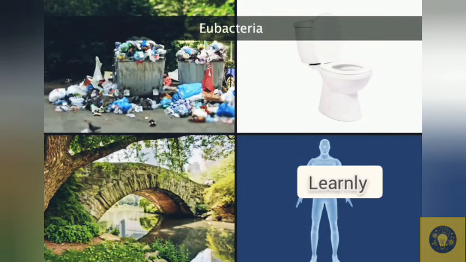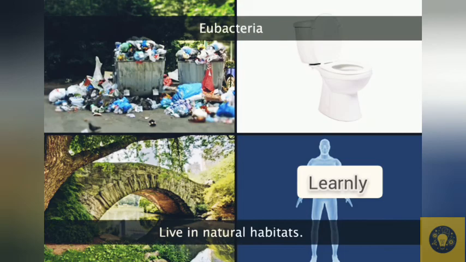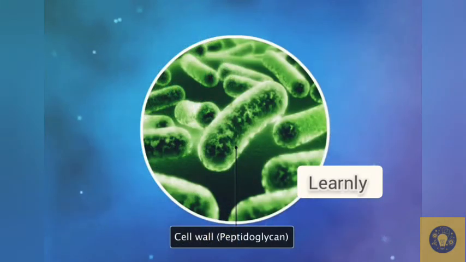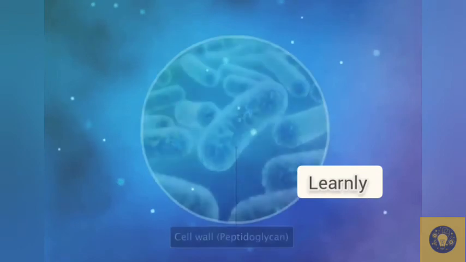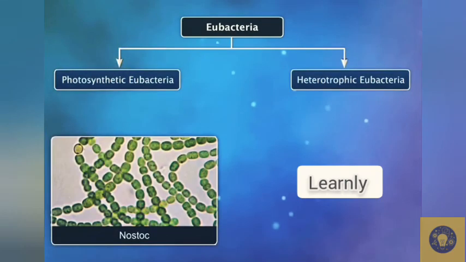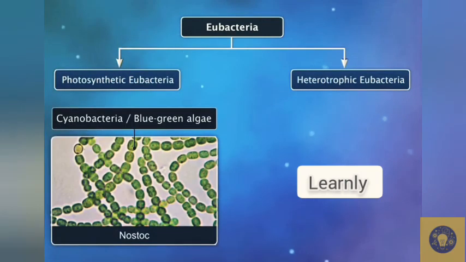The true bacteria or eubacteria live in natural habitats and contain peptidoglycan in their cell walls. The photosynthetic eubacteria are called cyanobacteria or blue-green algae.